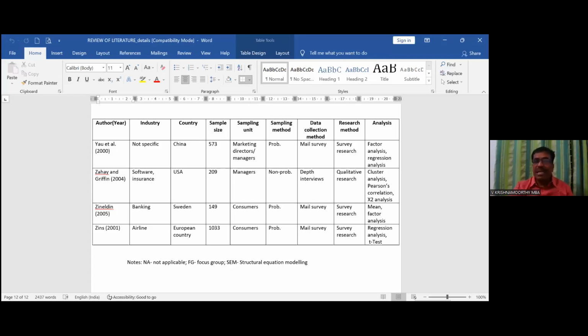Only few study has been conducted in Indian perspective, or none of the study has been conducted in Indian perspective. Therefore, the researcher intends to fill the gap by studying this topic.